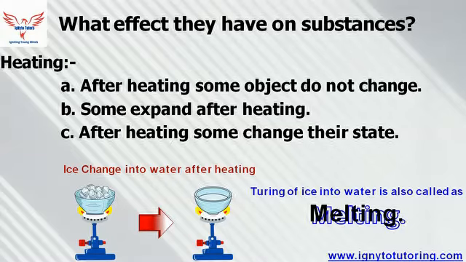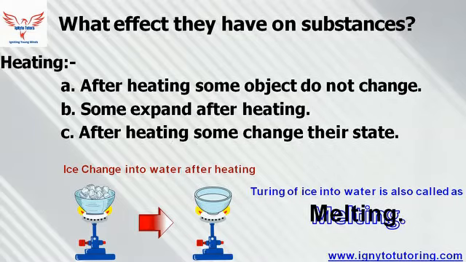Why do they not change their state? Because the carbon atoms, or I can say carbon bonds, present in them are very tightly joined to each other, and hence that makes them not change their modification.